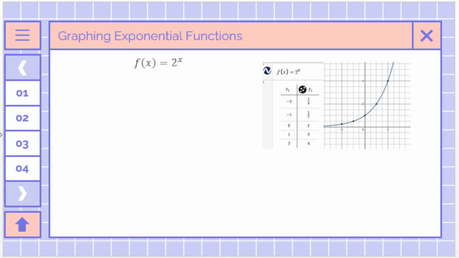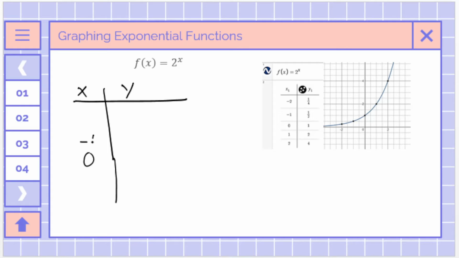Okay, now let's have an example here. We have f of x is equal to 2 raised to x. So first, let's give values for this function. So x, then y. It's better to have 5 points to have somehow precise points on a graph.